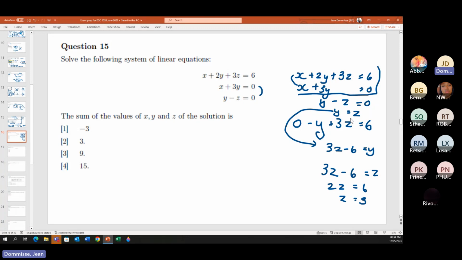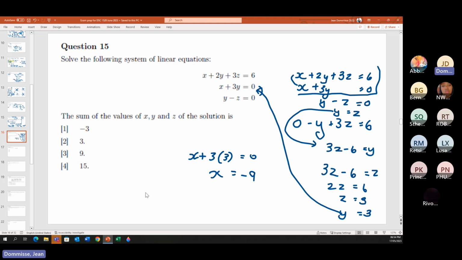We know from that one, so if z is 3, y is also 3. And then we can put y into that formula. So x plus 0, so x is equal to minus 9.